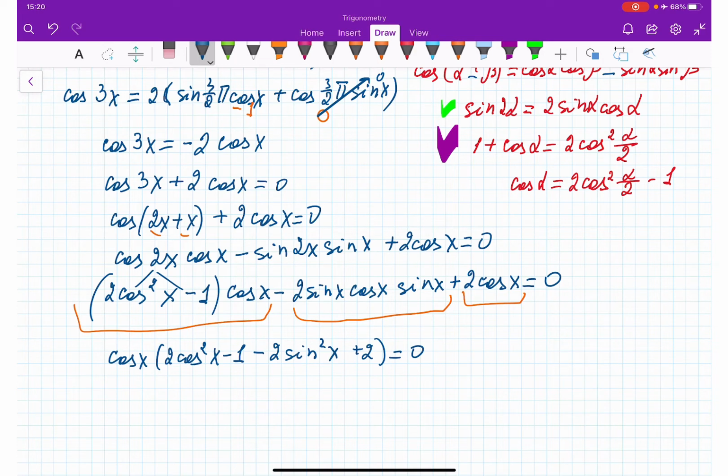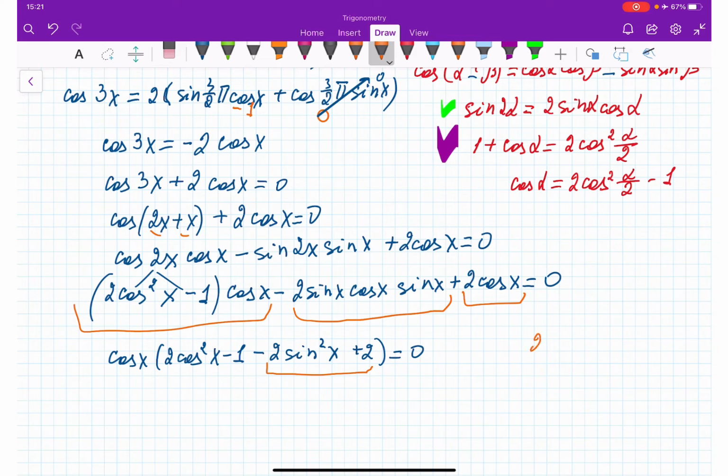Let me see. I'm going to see if I take 2 as a common factor, I will have negative sine square x plus 1, or 1 minus, let me do drafting here.